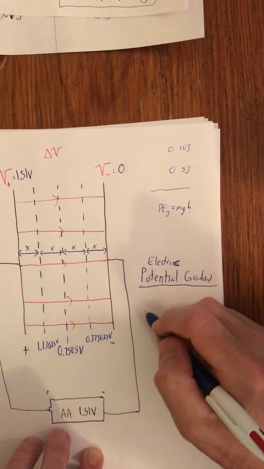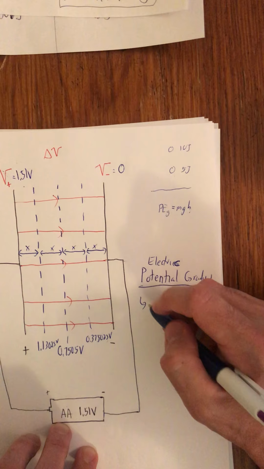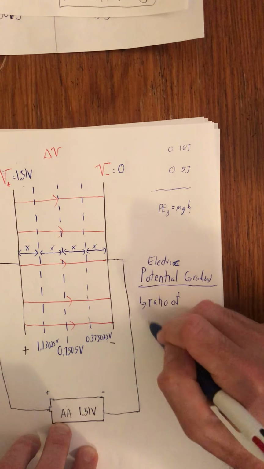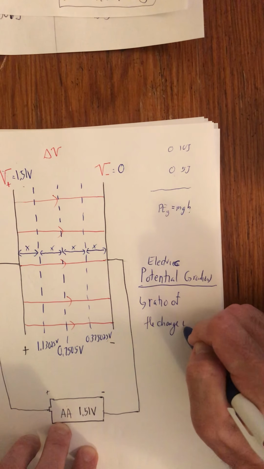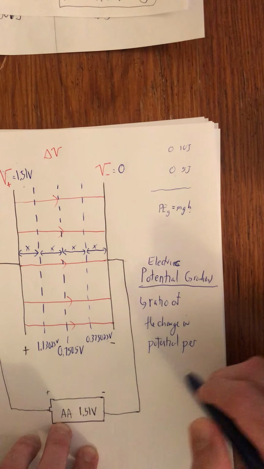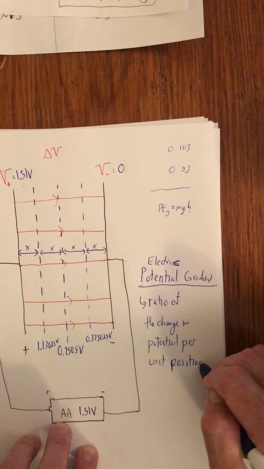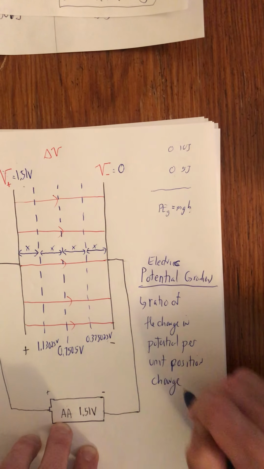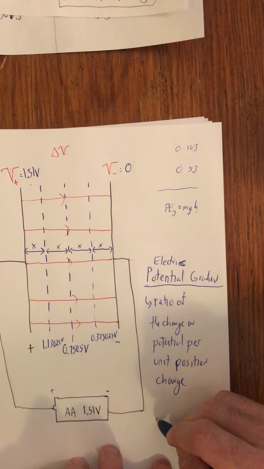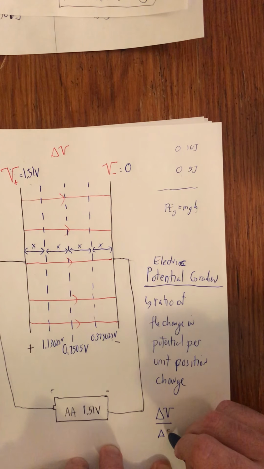Remember from that previous idea, this is the notion that it is the ratio of the change in potential per unit position change. And remember, per unit position change is the same as saying displacement. So therefore, that's the change in potential per unit displacement.